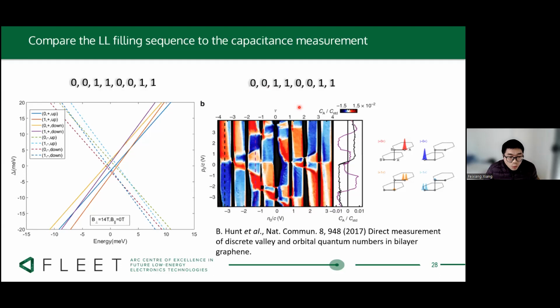And we also checked the filling sequence from the theoretical modeling. Now at zero D field, the filling sequence is consistent with what people have observed in the capacitance measurement.